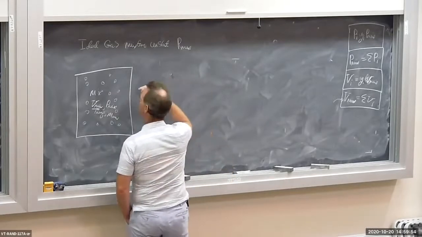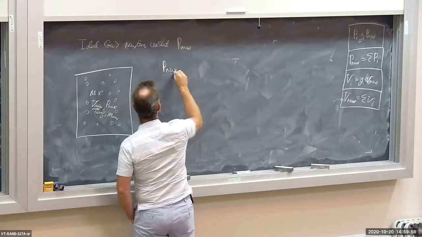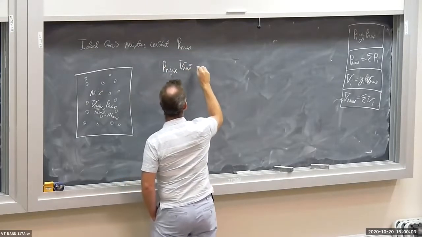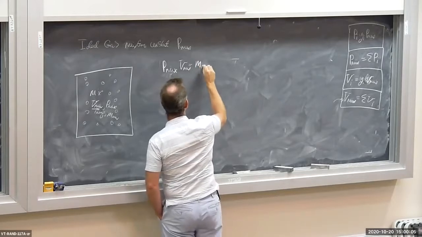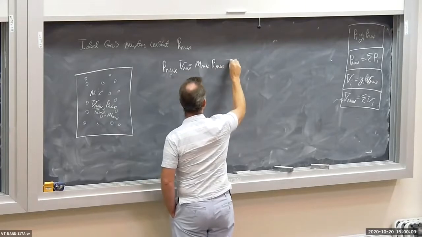So let me write the ideal gas law applied to the mixture. I have P mix V mix is equal to M mix R mix T mix.